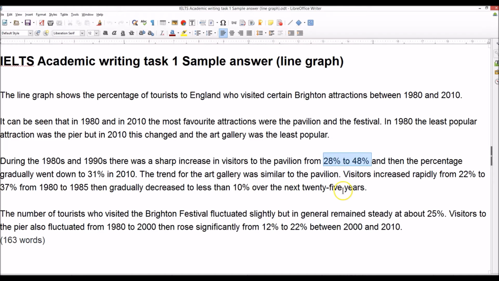Now we're using the data. And the percentage gradually went down to 31%. Now, you will see here that I'm only talking about two points for the pavilion. Sharp increase, and then the percentage had a gradual fall.